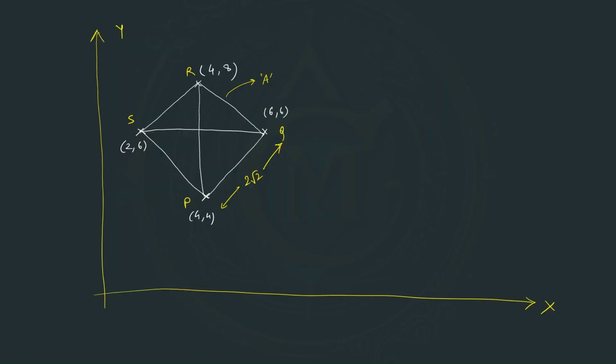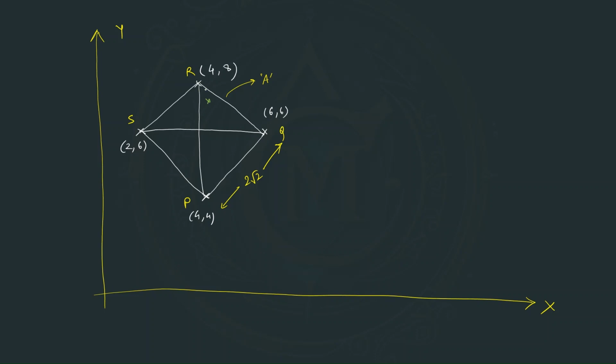So let us first understand the situation. Let's say we choose a point here in this region. So let us choose this point. We can say it is one of the points L.